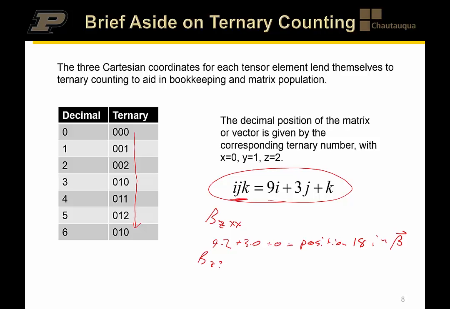And beta zzz should end up being 26. Let's just convince ourselves of that. There will be 9 times 2 plus 3 times 2 plus 2. And sure enough, you add those up, and that corresponds to position 26.